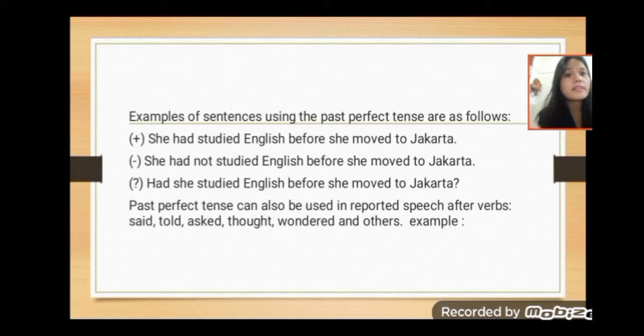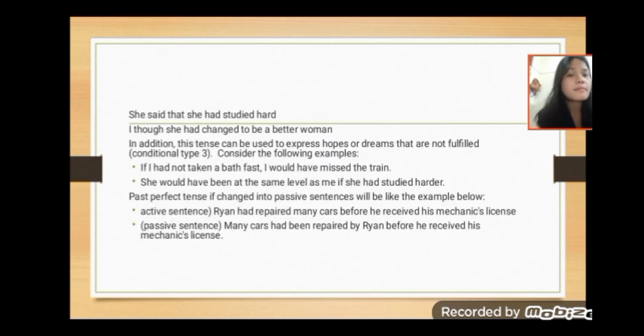Interrogative: had she studied English before she moved to Jakarta? The past perfect tense can also be used in reported speech after verbs like said, told, asked, thought, wondered, and others. For example, she said that she had studied hard. I thought she had changed to be a better woman.